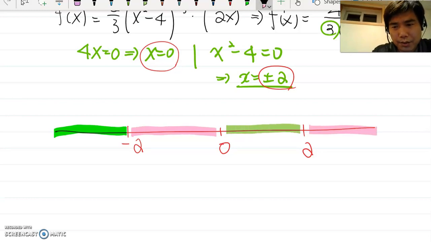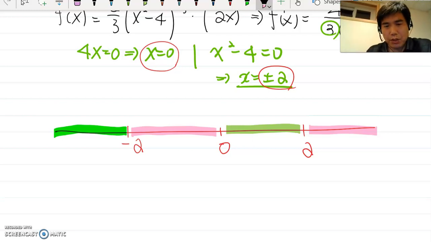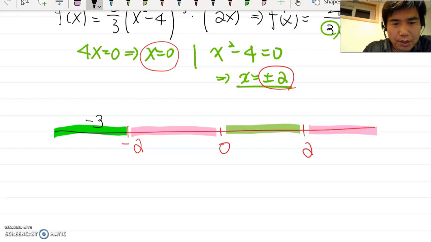So you are choosing 4 different testing values. One testing value must be smaller than negative 2, one between 0 and negative 2, one between 0 and 2, and the last one bigger than 2. So it is up to you, okay? But I'm going to choose the test numbers which I think are easiest. So I'm going to do negative 3, negative 1, 1, and 3.